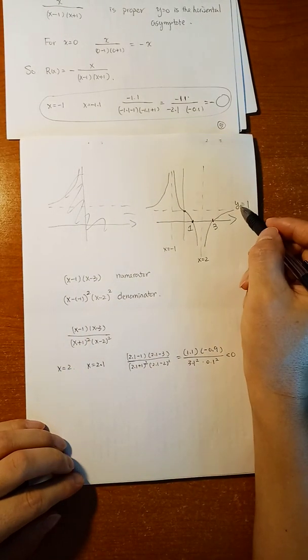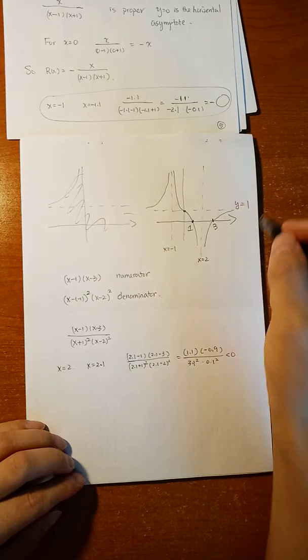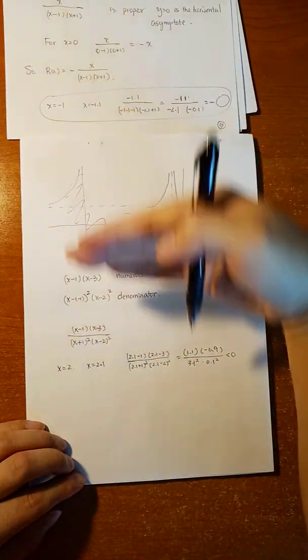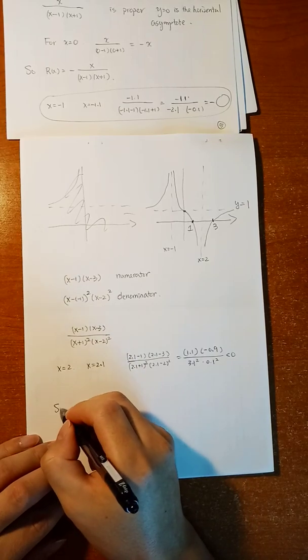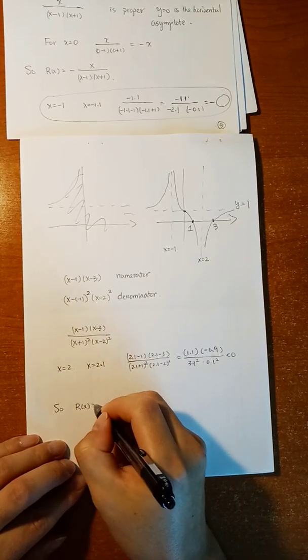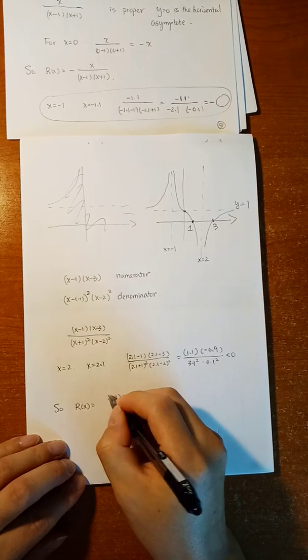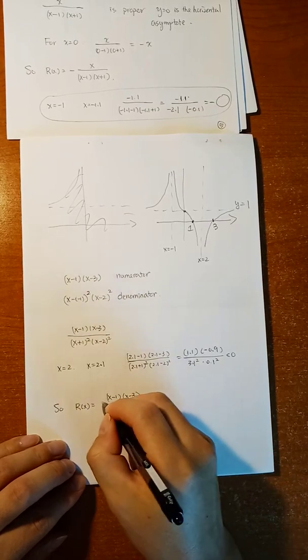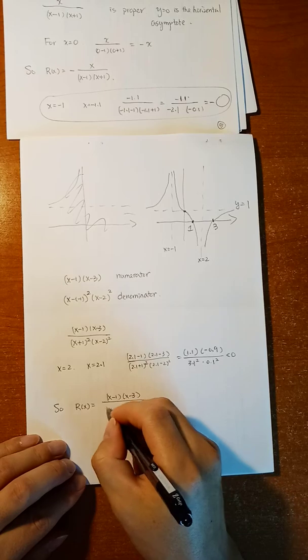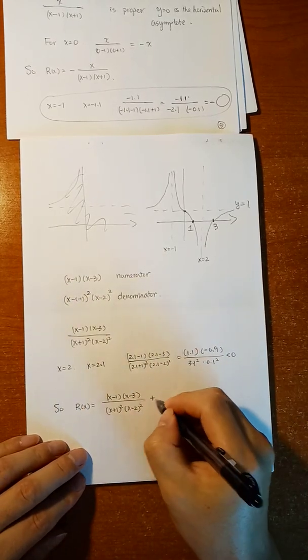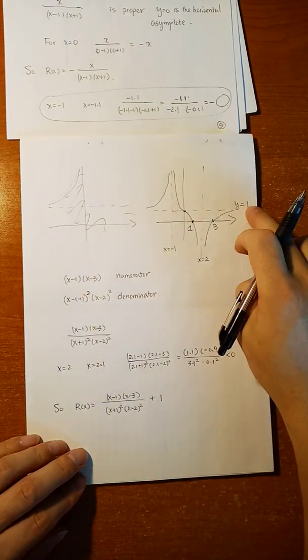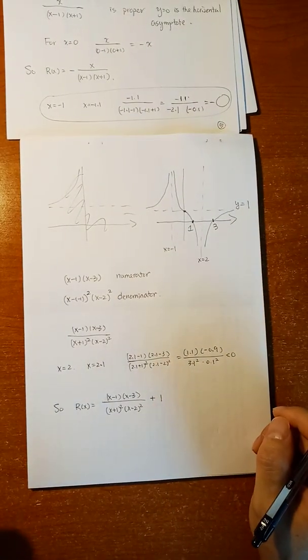But you have horizontal asymptote 1. How do I do it? Add 1. You lift it up 1 unit. So r of x could be x minus 1, x minus 3, over x plus 1 squared, x minus 2 squared, plus 1. This plus 1 is used to match this horizontal asymptote y equal to 1.